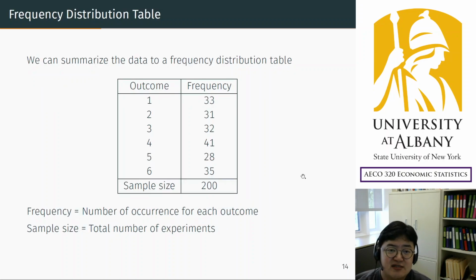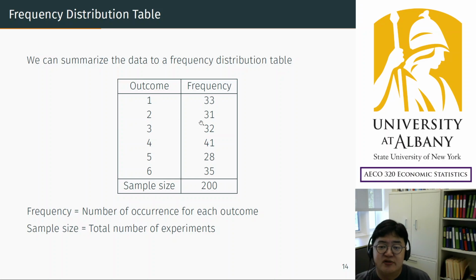So this is the frequency distribution table. Instead of showing all 200 observations, what you can show is just a count of each outcome. Say, out of 200, outcome 1 happened 33 times.